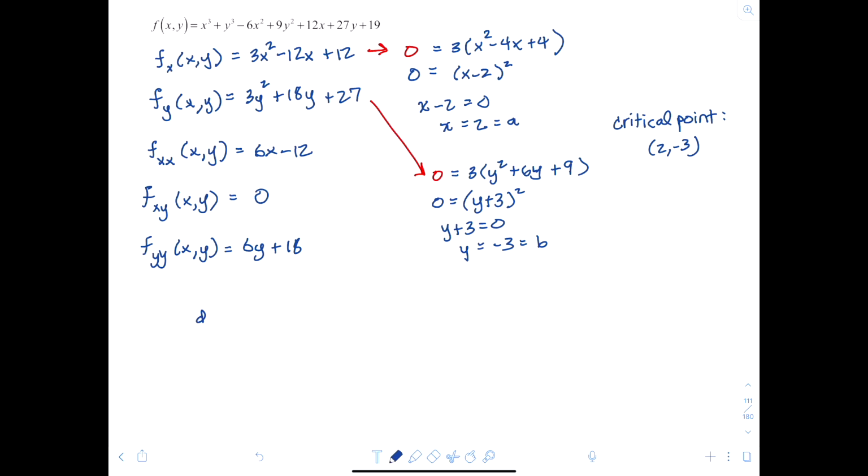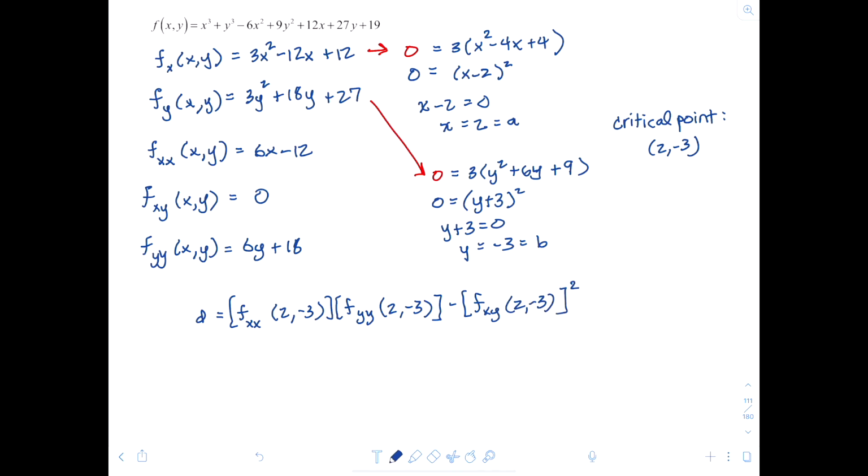So D is equal to fxx at 2, -3 times fyy at 2, -3 minus fxy at 2, -3, the quantity squared.